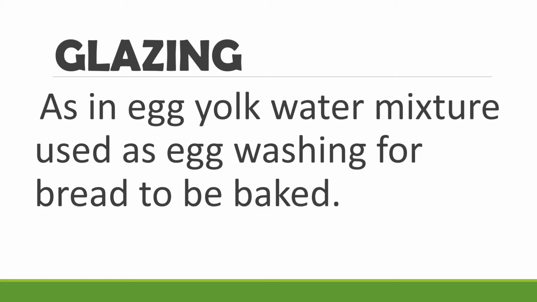This time, egg acts as a glazing agent, as in an egg yolk and water mixture used as egg wash for bread to be baked, giving the baked product a golden yellow and glossy surface. Beaten raw eggs, sometimes mixed with water and a little salt, are used for glazing pastry or bread to give it a shine when baked.